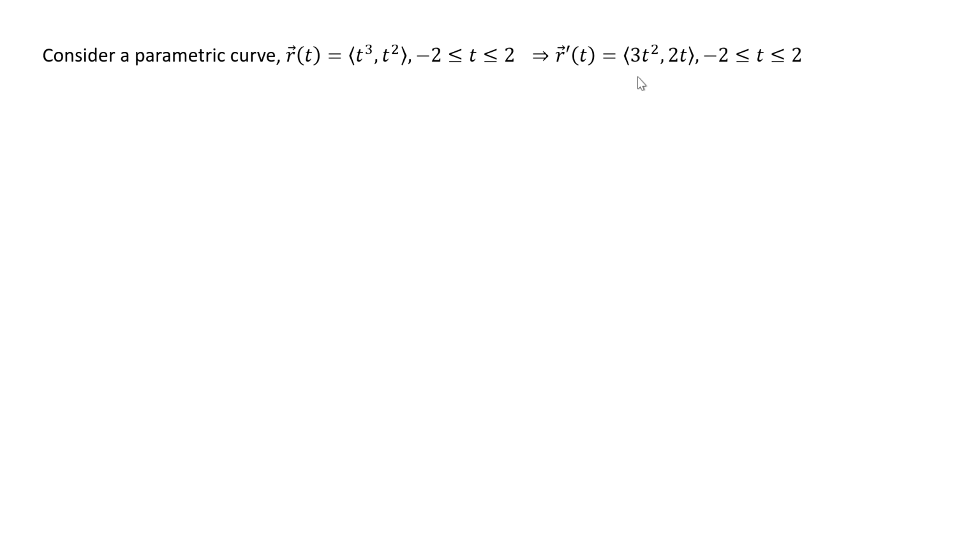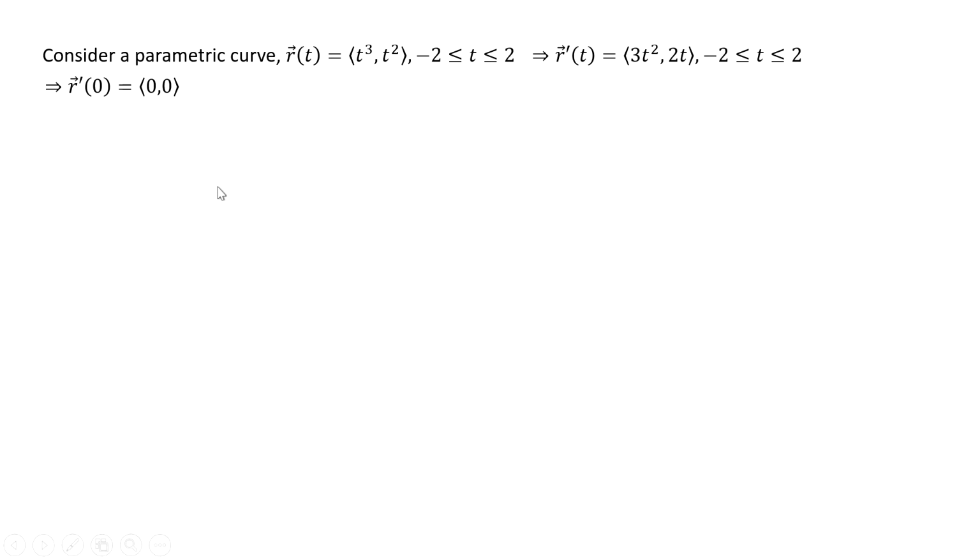So R prime of t is definitely continuous. Now the question is, could R prime of t ever be equal to 0? Well, sure. When t equals 0, 3t squared will go to 0 and so will 2t.